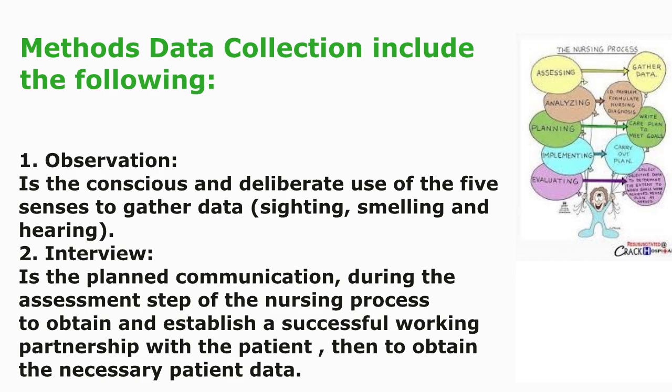Observation is the conscious and deliberate use of the 5 senses to gather data: sight, smell, and hearing. 2. Interview is the planned communication during the assessment step of the nursing process to obtain and establish a successful working partnership with the patient, and to obtain the necessary patient data.